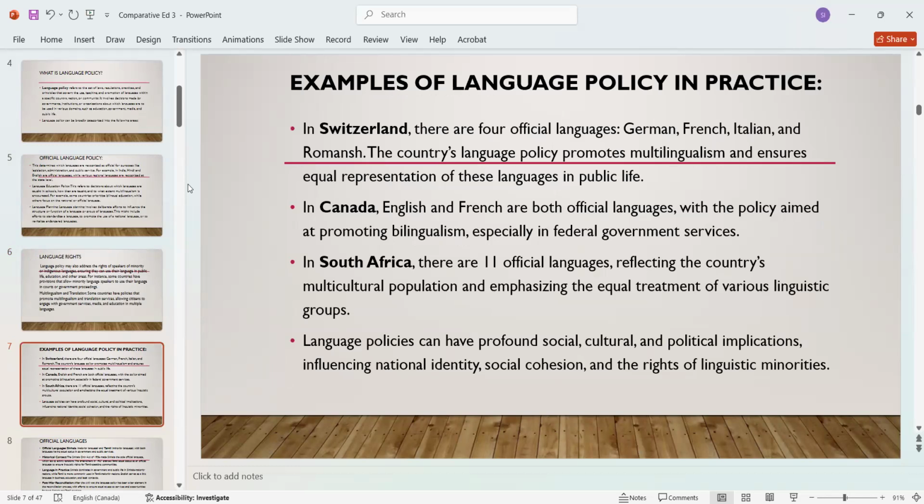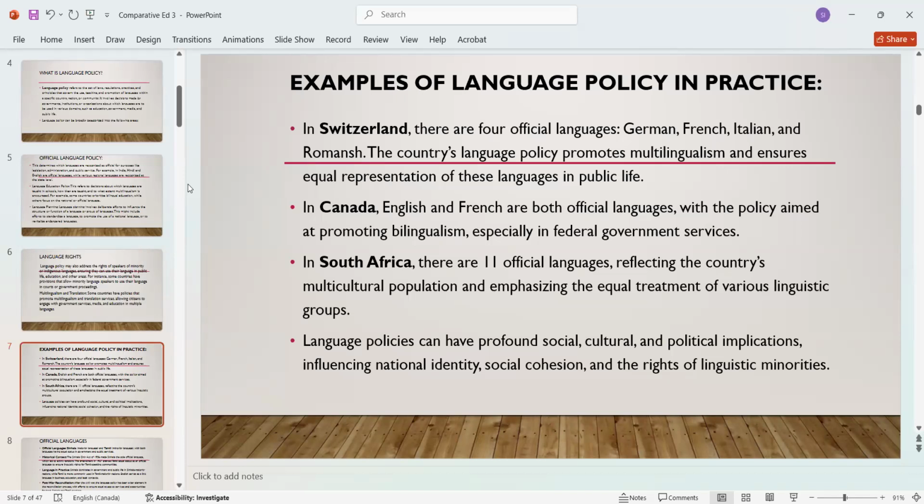So here in some countries, in Switzerland, there are 4 official languages, right? So in Sri Lanka, we have 2, but in Switzerland, there are 4 official languages: German, French, Italian, and Romansh. So the country's language policy promotes multilingualism and ensures equal representation of these languages in public life.